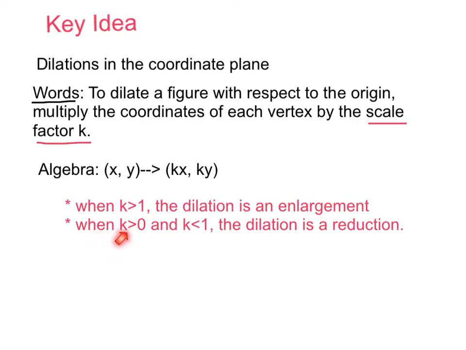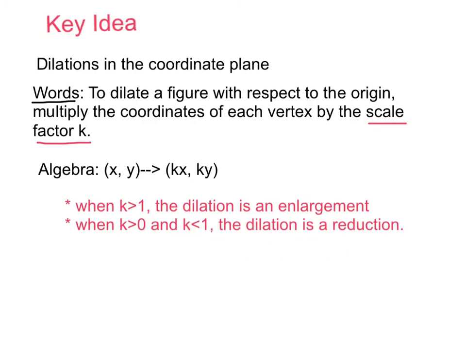However, when k is greater than 0 and k is less than 1, that means k is between 0 and 1, so it's a fraction less than 1. So if you multiply by a fraction less than 1, your dilation is going to be a reduction, which means your shape is going to get smaller.